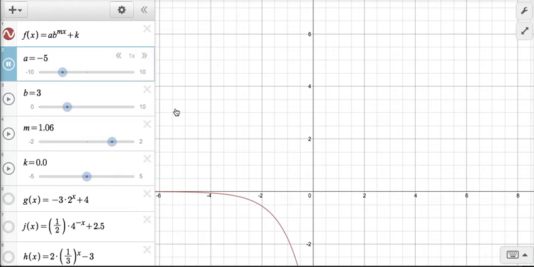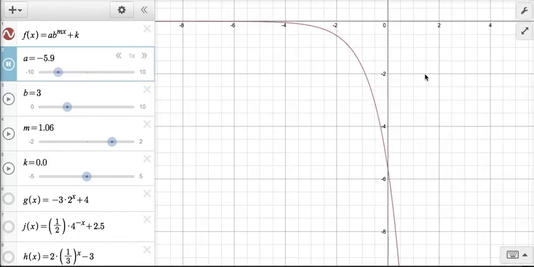So when A is negative, it flips it over the x-axis. When it's positive, it orients upwards. And when it gets larger, it makes the function steeper. When it gets smaller, it's stretching it out. And then negative, it makes the function face downward.